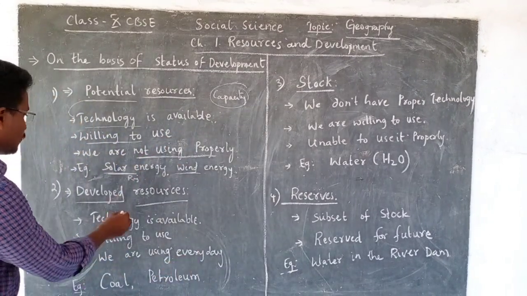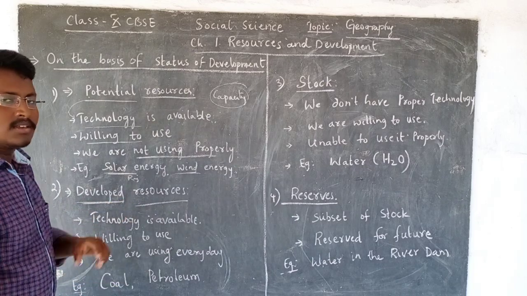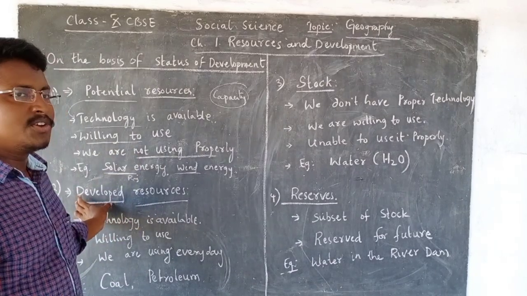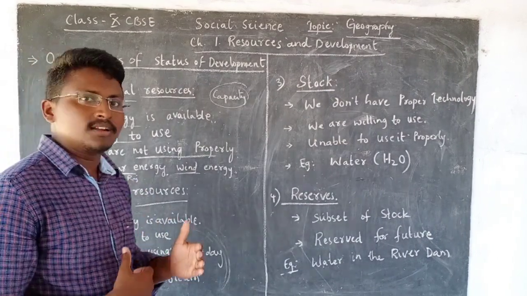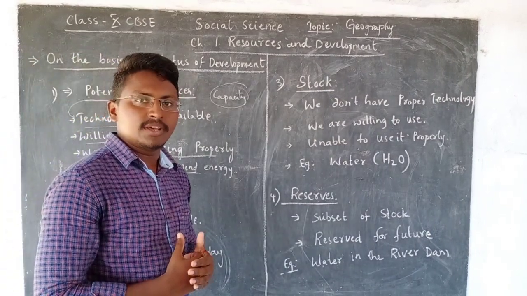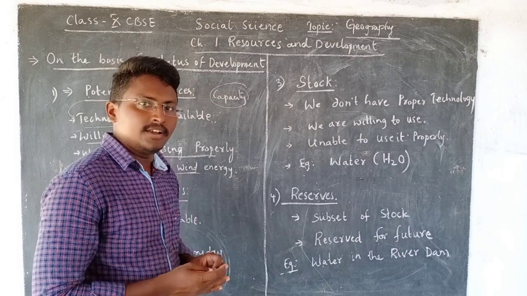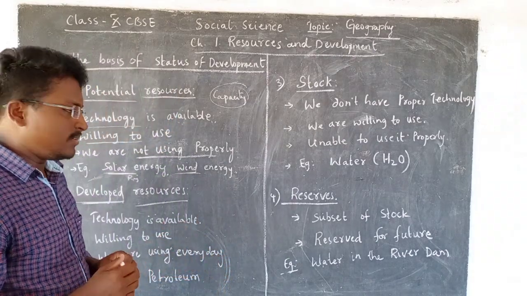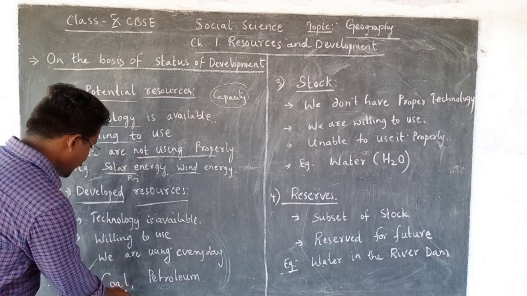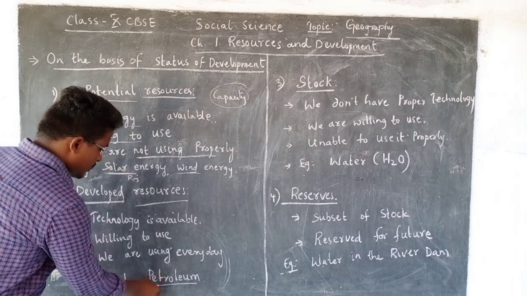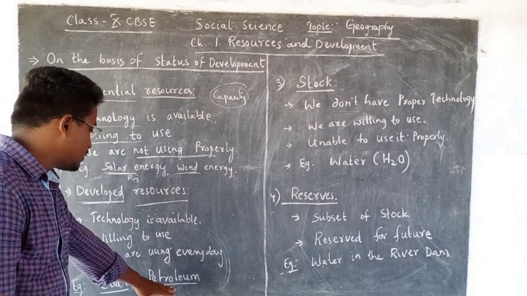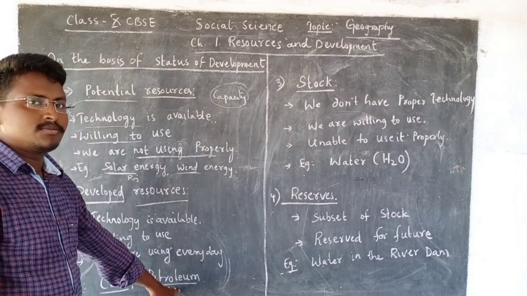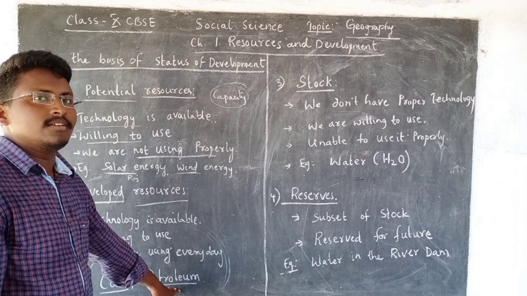Then next, what are developed resources? The word itself says it. Developed resources means resources which are already well developed, and at the same time we have proper technology and we are utilizing them very well. For example, take coal as well as petroleum. Since many years we are using these two resources, and they are very well developed.